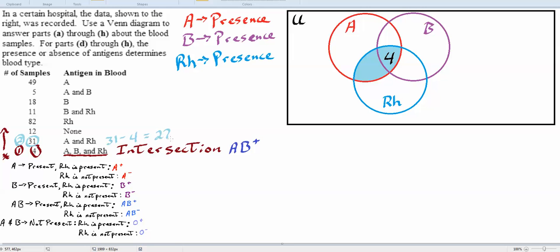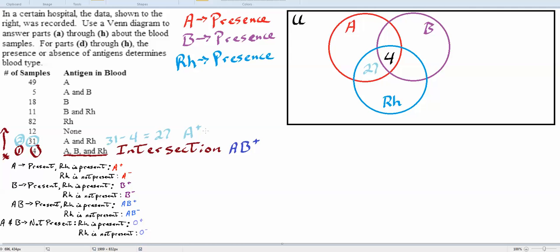So we need to go ahead and put that value in right here. Now, what does that mean? Well, that means that these are A positive individuals because the A is present and the RH is present.